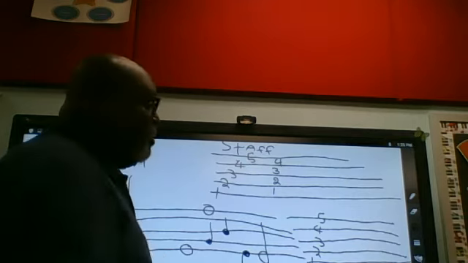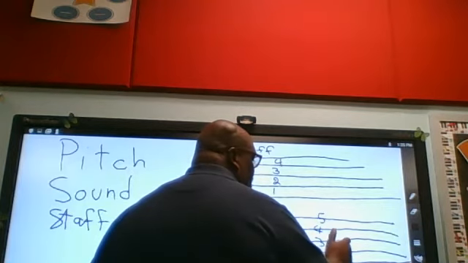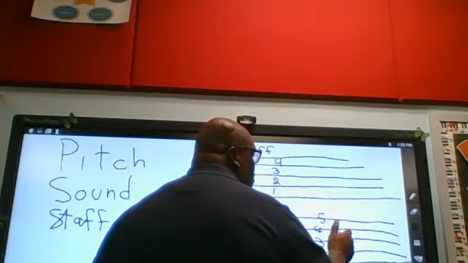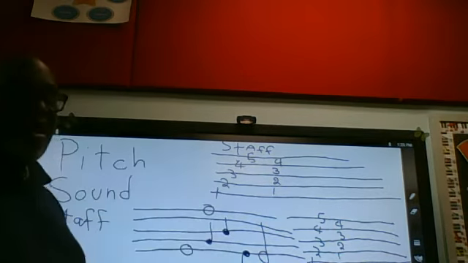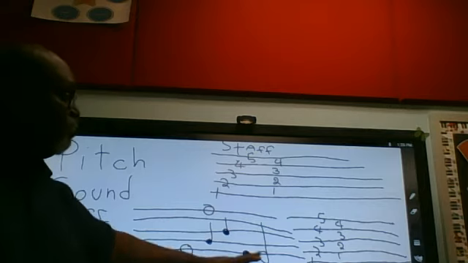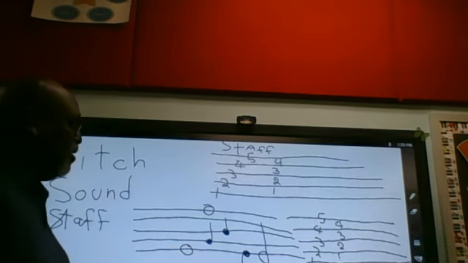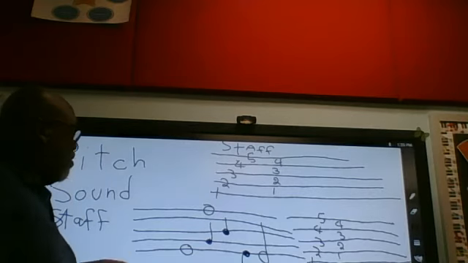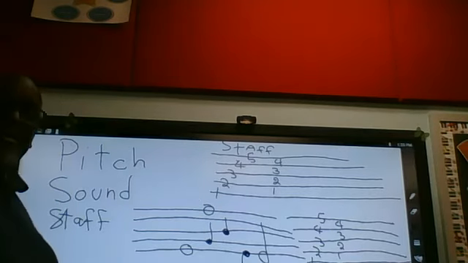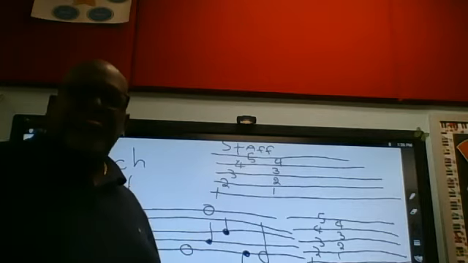Got it? Then put your spaces. 1, 2, 3, 4. So now you have your 5 lines and your 4 spaces, and that's the staff. That's where you write your music. And you know whether a pitch is high or low based on where it's located on the staff. Make sense? I think so.